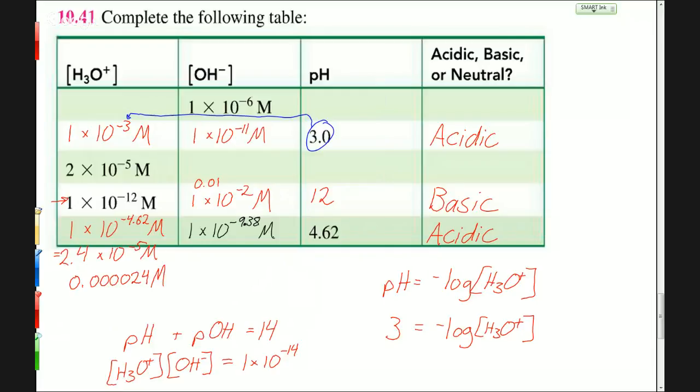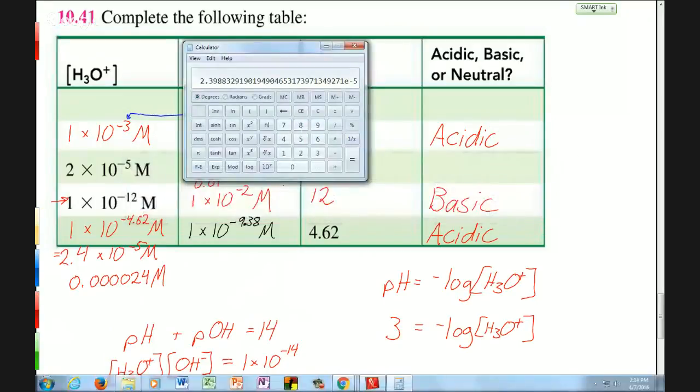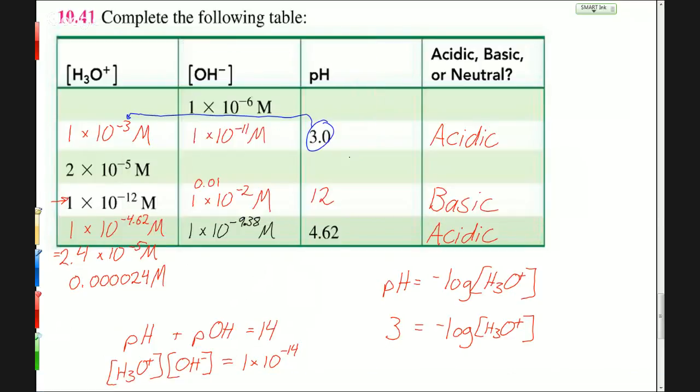Again, we have this kind of weird number here, so we should calculate that to get the correct number. So 10 to the negative 9.38. So we've got 4.2 times 10 to the minus 10. And that's a better way of saying that.